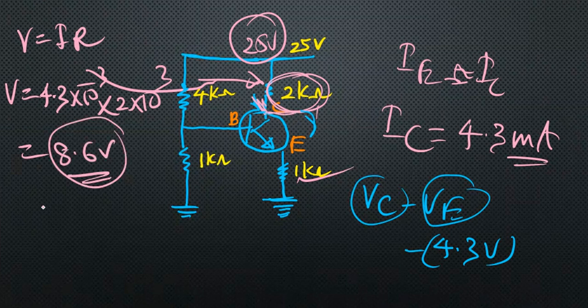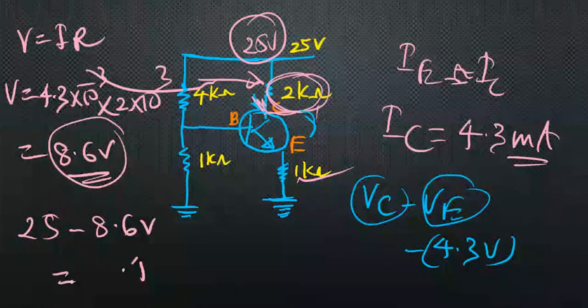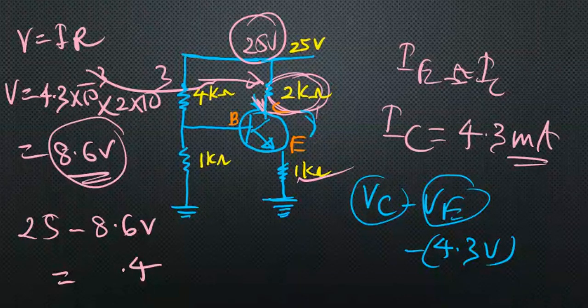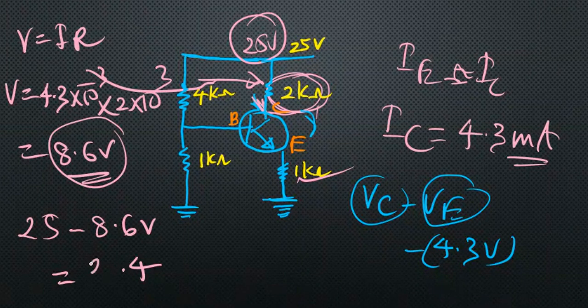Then the potential at C has to be 25 minus 8.6 volt, so we get 16.4 volt.